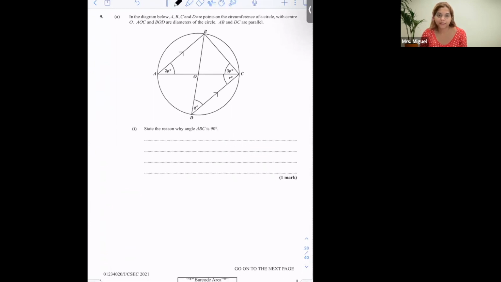Take 5 minutes, read the question, underline what you think is important, and see what you can do in 5 minutes.